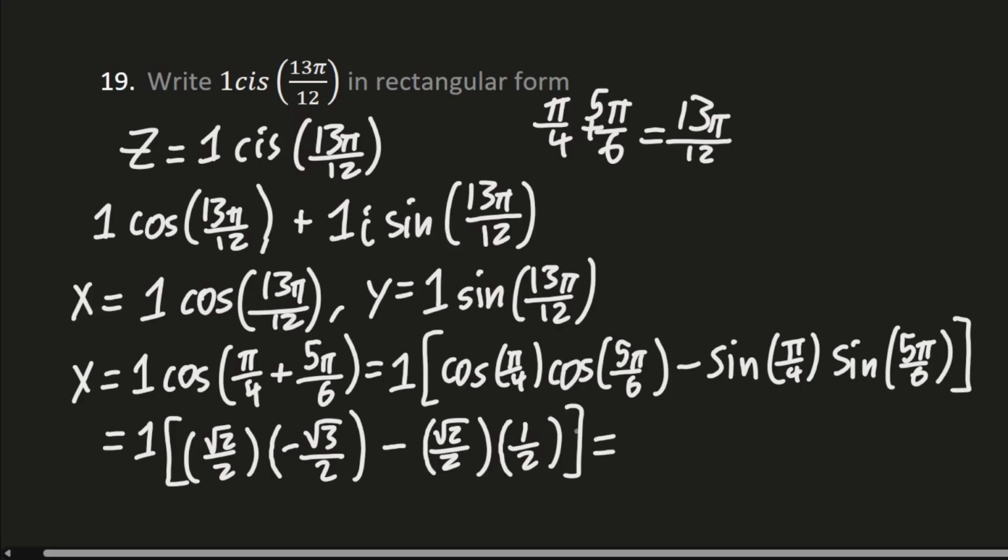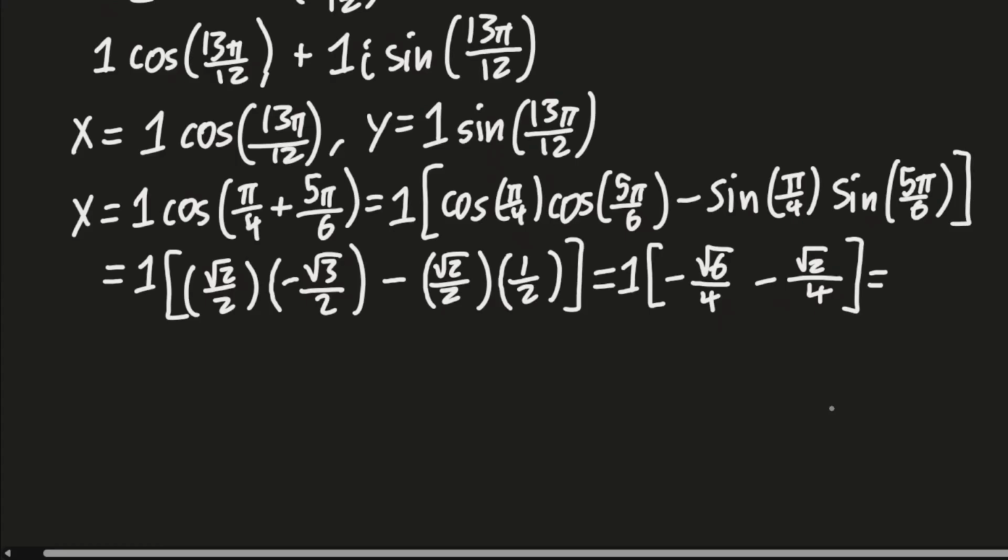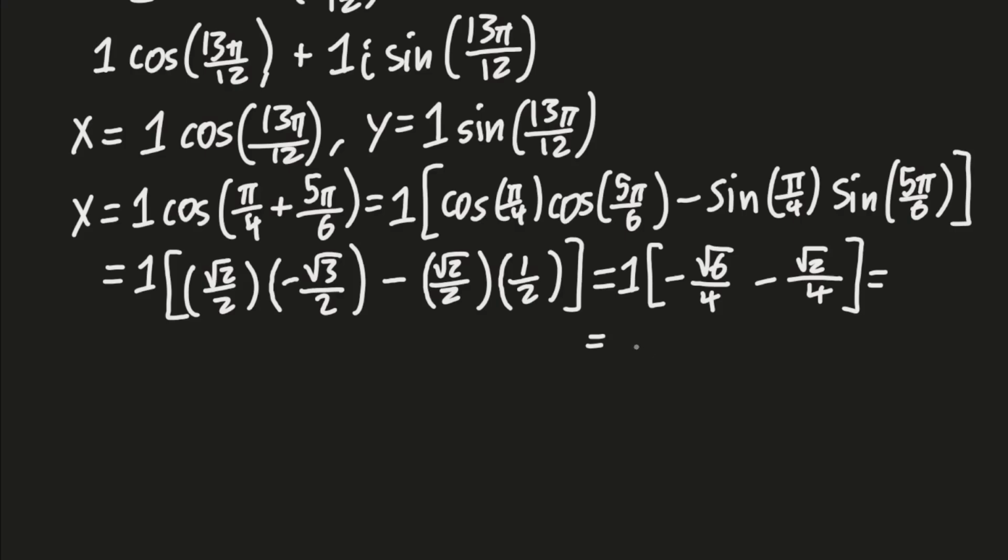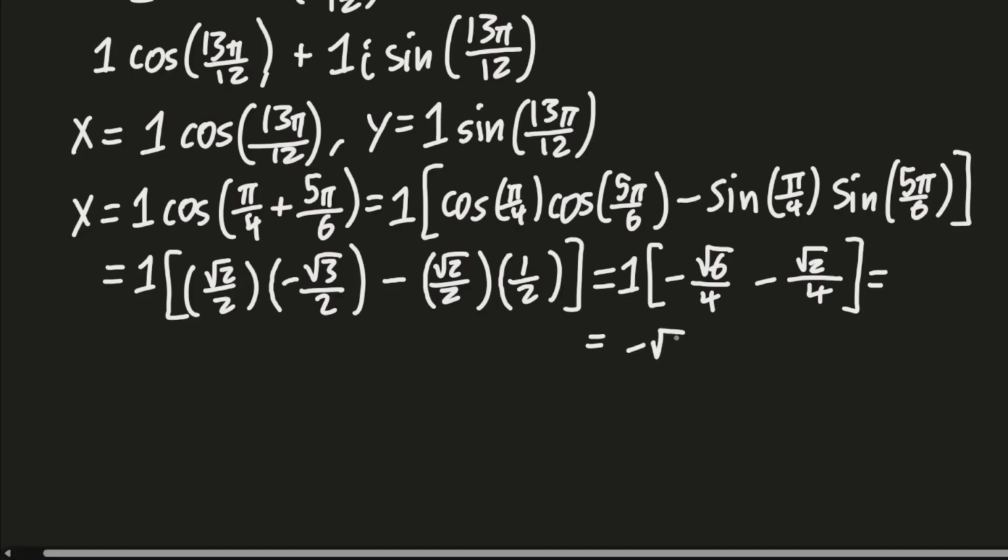And that would equal 1 times negative square root of 6 over 4 minus square root of 2 over 4. And that finally gives us, well, we could put it into one entire fraction, and so negative square root of 6 minus square root of 2 all over 4.